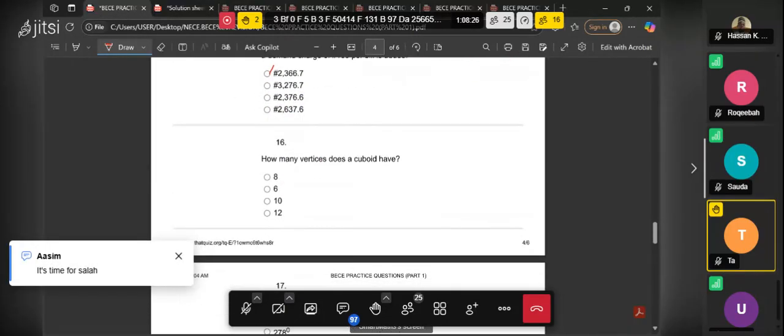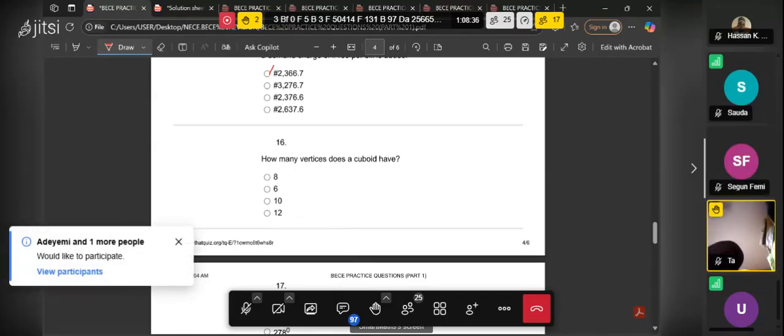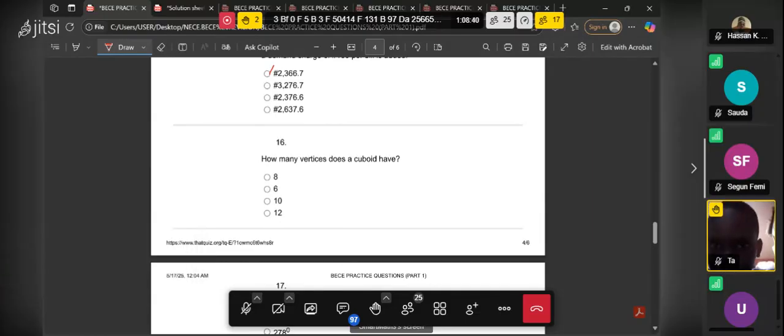Number 16. How many vertices does a cuboid have? A vertex is a point where two, three or more edges meet. So a cuboid is this.